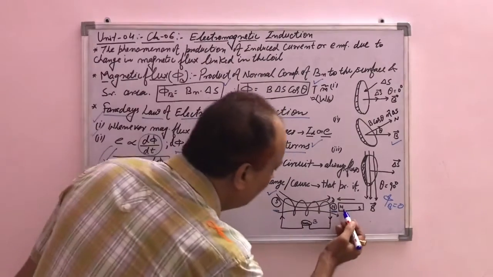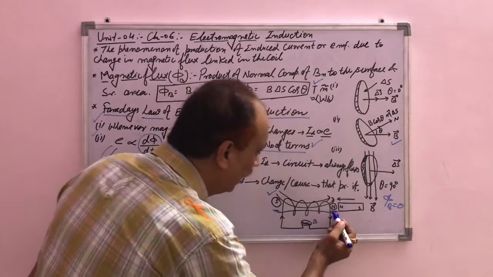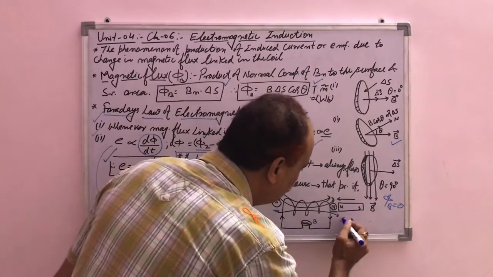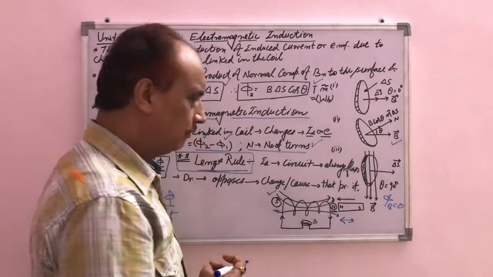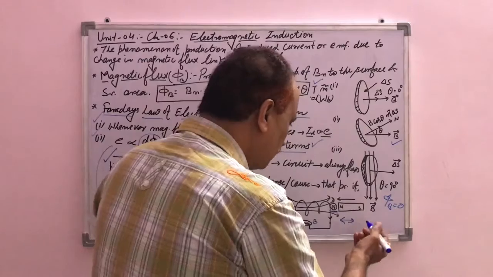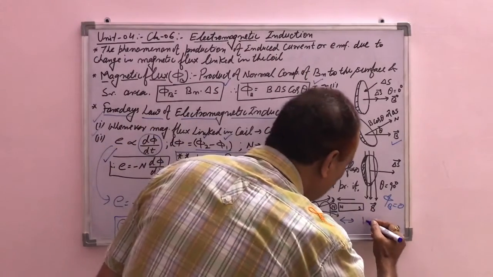So the N pole of the magnet is repelled by the N pole of the coil, and an opposing force acts between them. Now, as the magnet is moved towards the coil, we have to do some work.